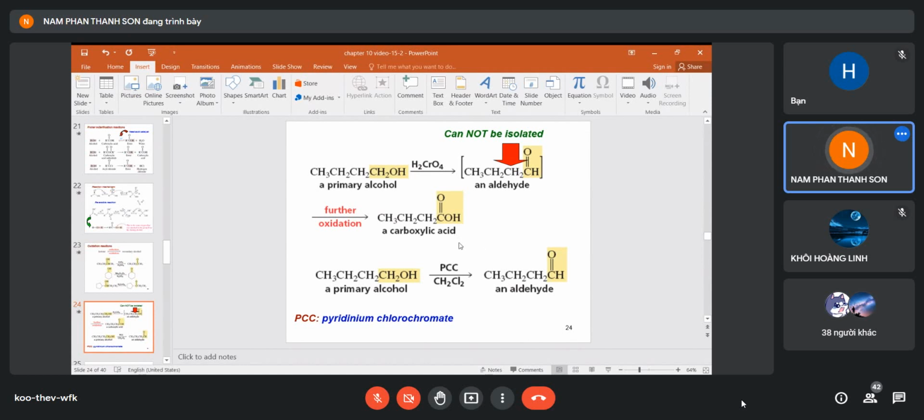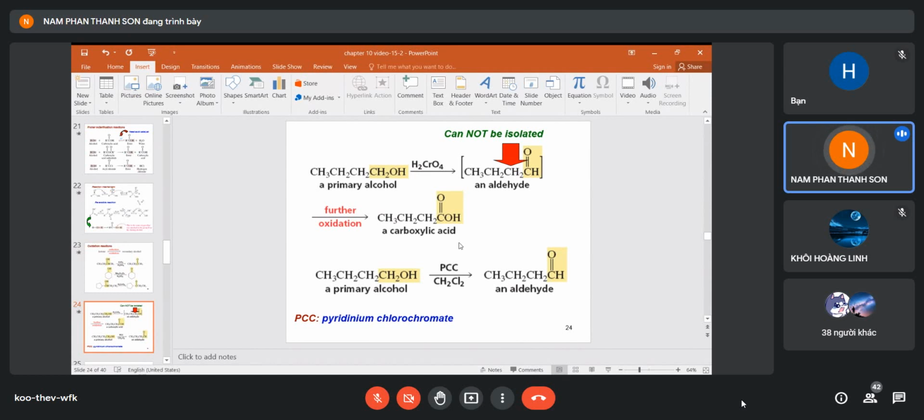If we use PCC, we can have aldehydes from primary alcohols. I say again, if we use PCC, we can have aldehydes from alcohols, primary alcohols. Second note, if we use other oxidizing agents, we have carboxylic acids.